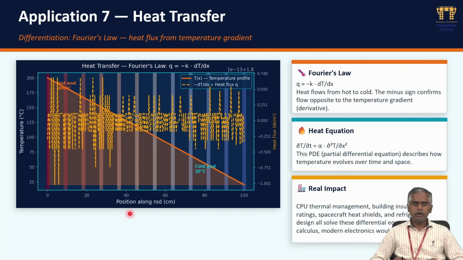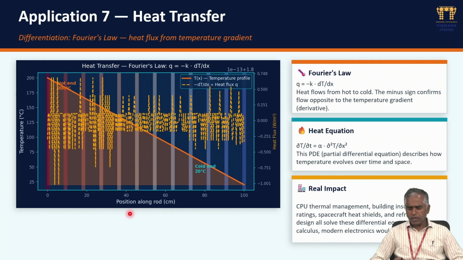So this is a partial differential equation that represents how temperature evolves over time and space. So this is a small application of the heat equation. What is its real impact?